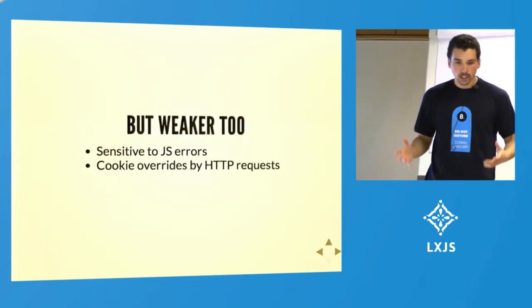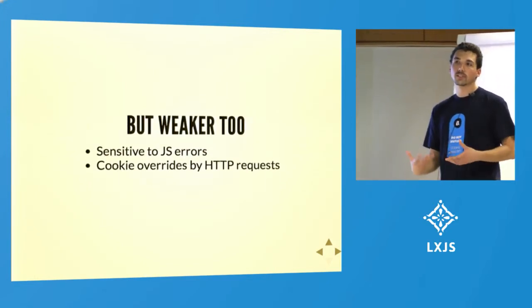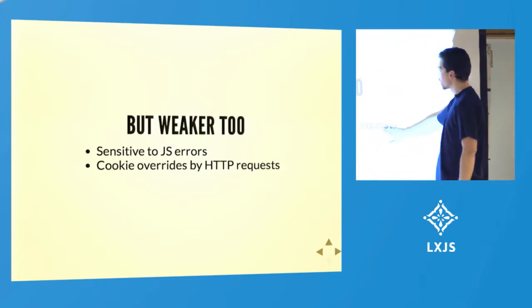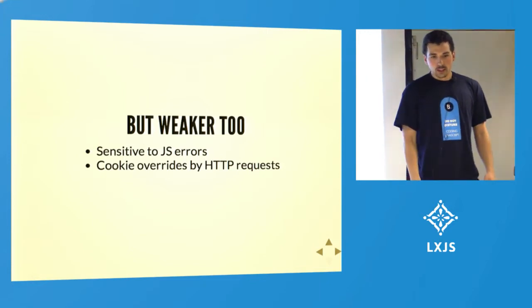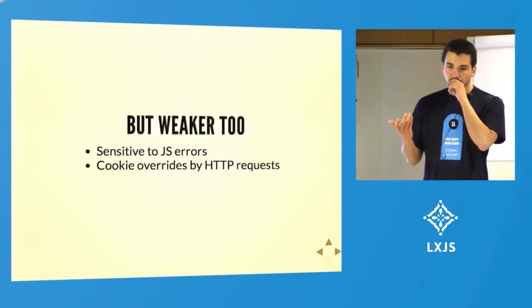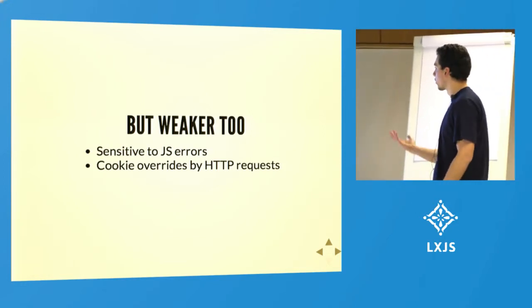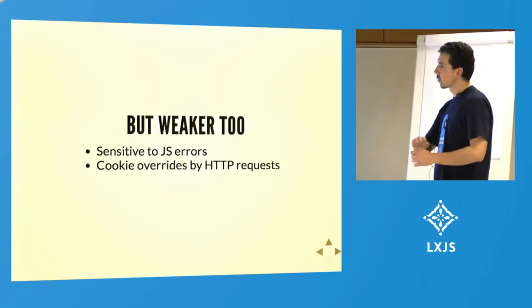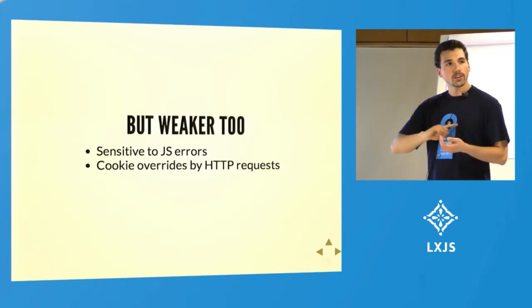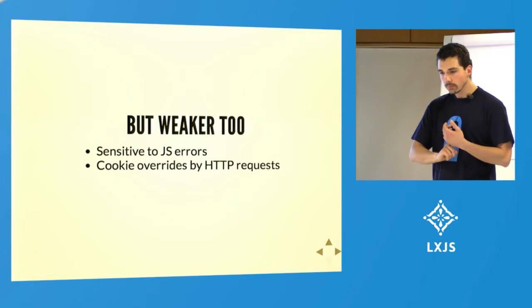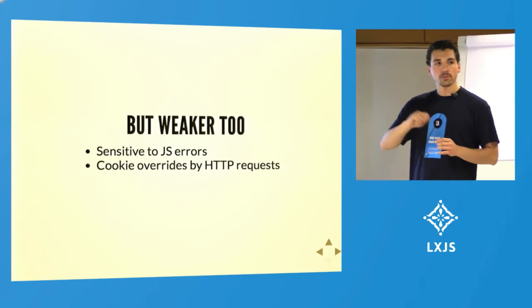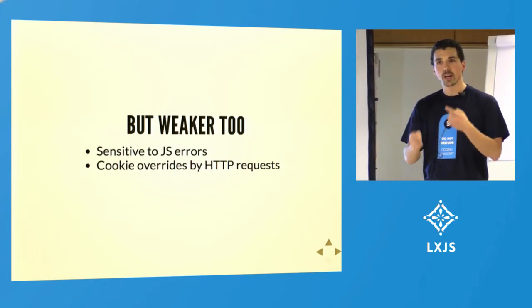The problem is that, like everything, it comes with a downside. This tracking is sensitive to JavaScript errors, and this is a funny situation that happened to me in the past. Solutions that request tracking pixels, like analytics or other frameworks that are out there: if you have multiple scenarios where you can request a tracking pixel, and you start launching those requests concurrently, it might happen that, because these requests usually modify your cookie, if they are done at the same time, you might have cookie overrides.